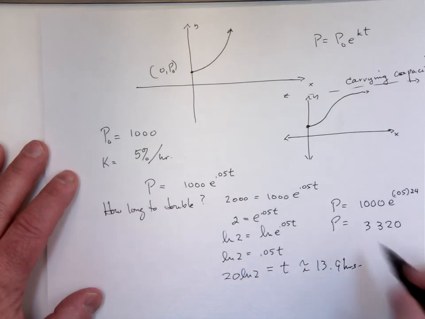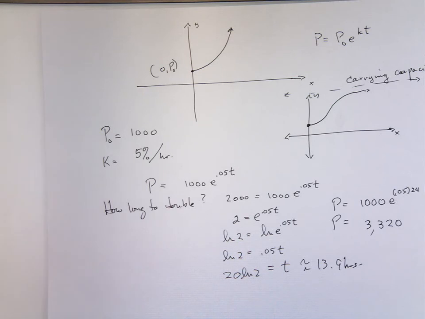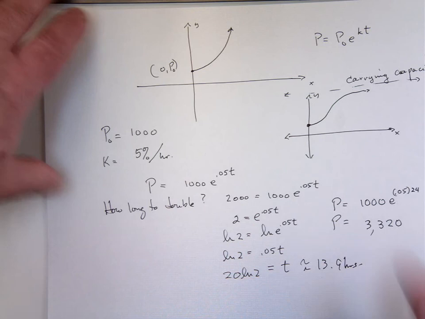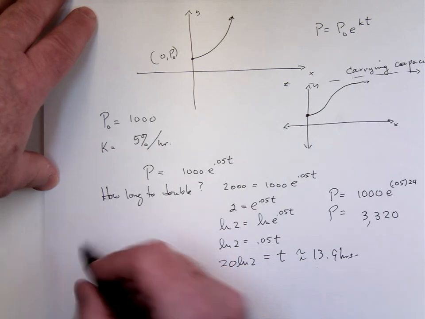And how many would there be if they went untreated for a month? 30 days, 24 hours a day. So the population would be 1,000 e to the 0.05 times 30 days times 24 hours a day.